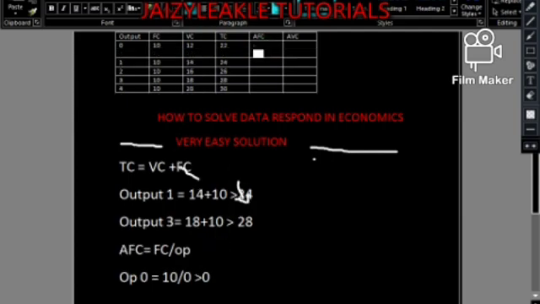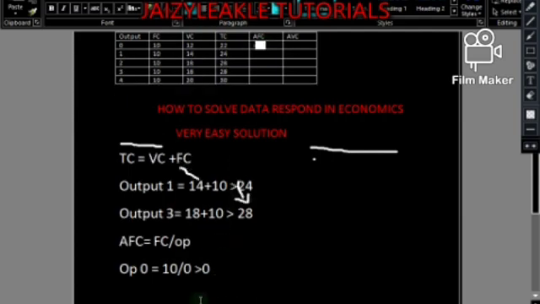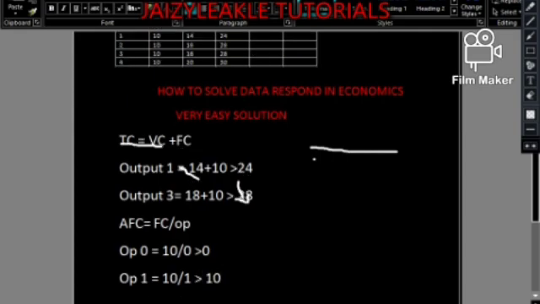So we jump to the next one, our output OP1, which is equal to 10 divided by 1, which is equivalent to 10 itself. Then OP2, which is equal to 10 divided by 2, so that is equivalent to 5.